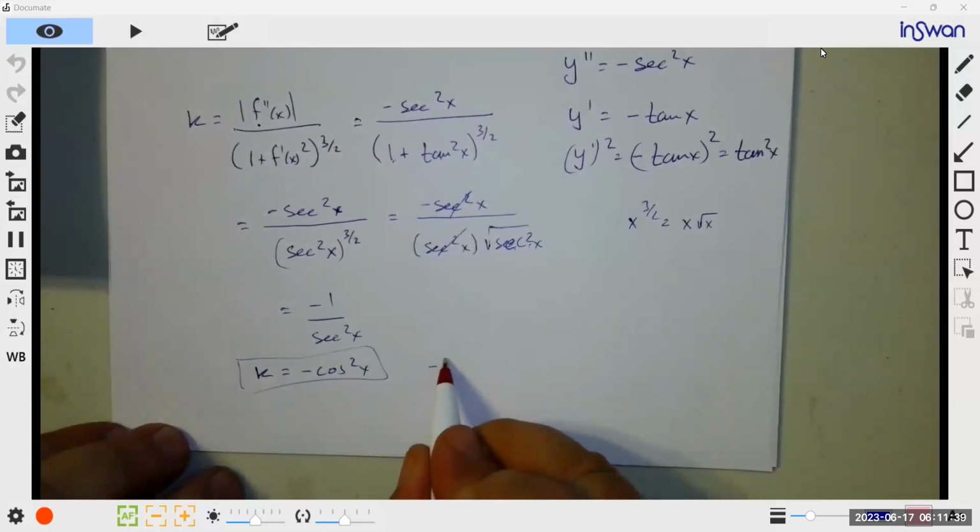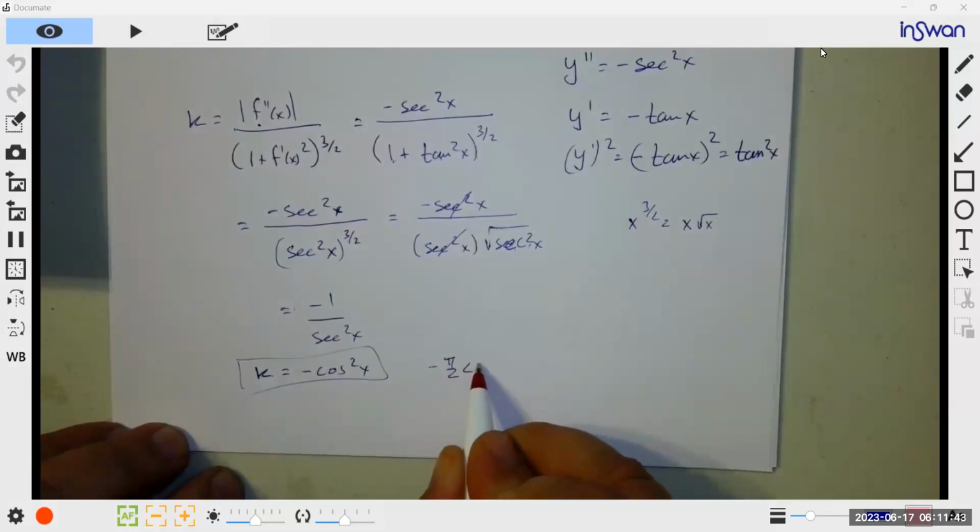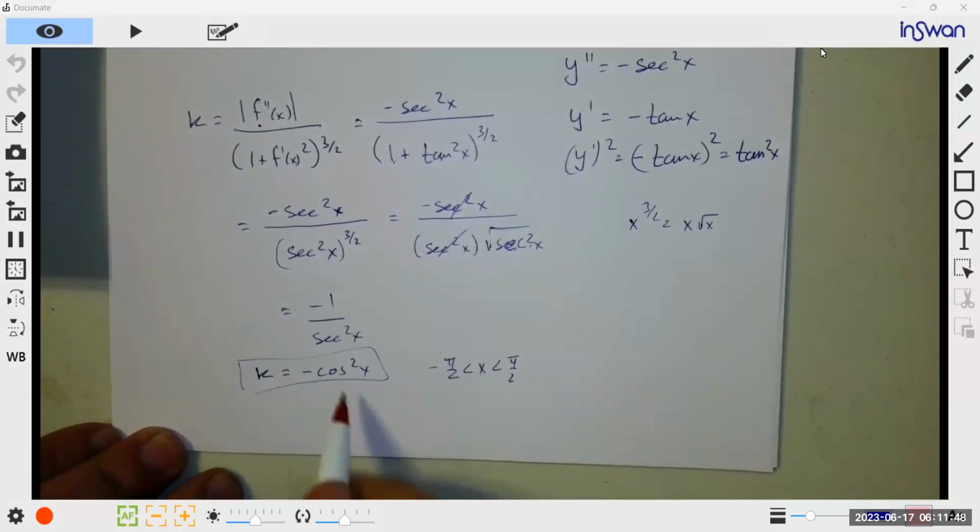And it's between negative pi over 2 and pi over 2, not equal to, so it's not going to be zeros.